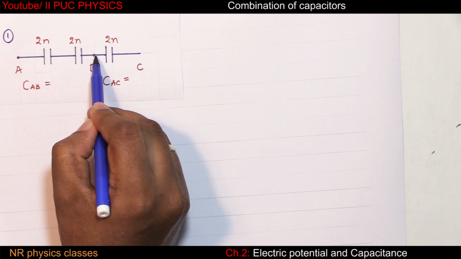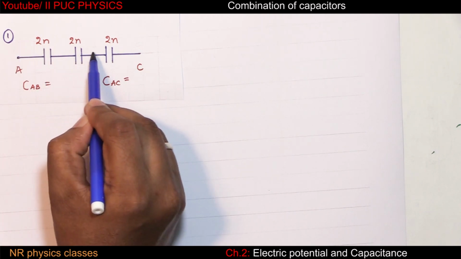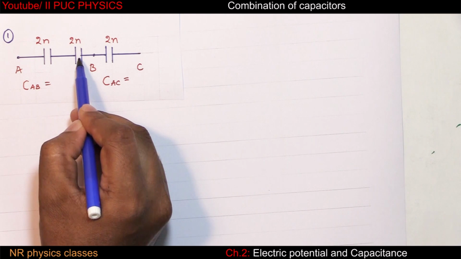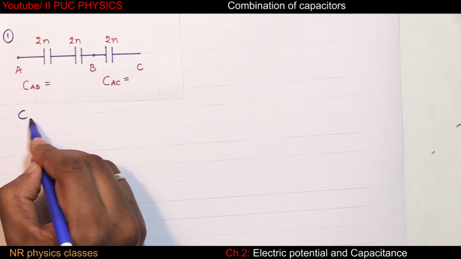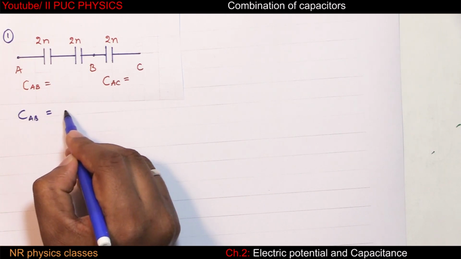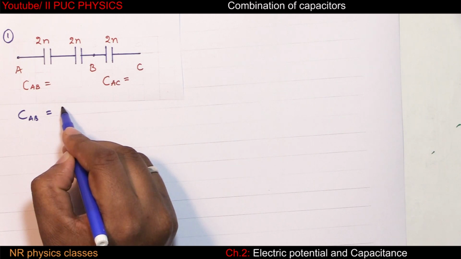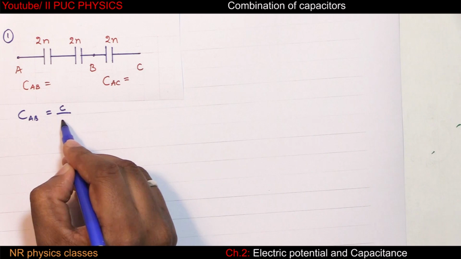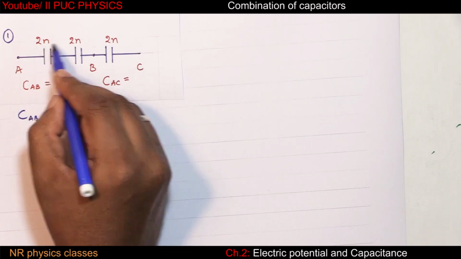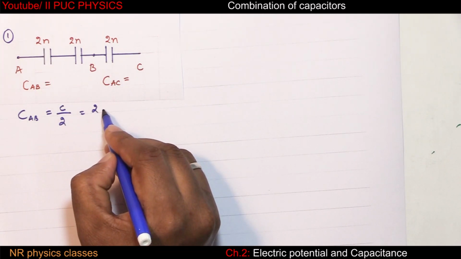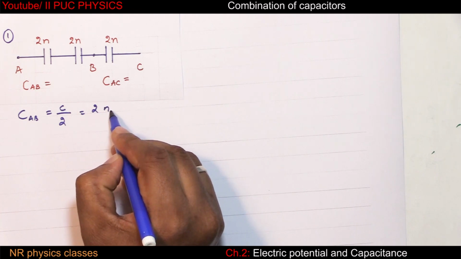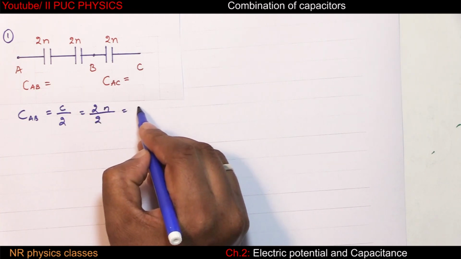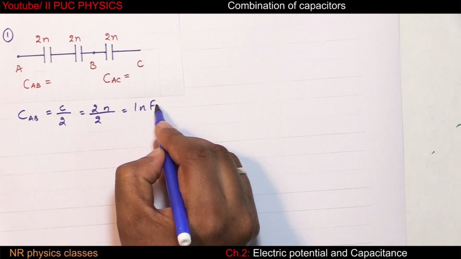Across AB, only 2 are in series. Therefore, CAB equal to C divided by 2, so 2 nano divided by 2 equal to 1 nanofarad.